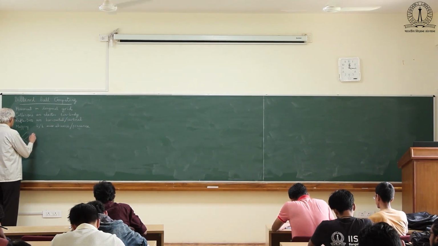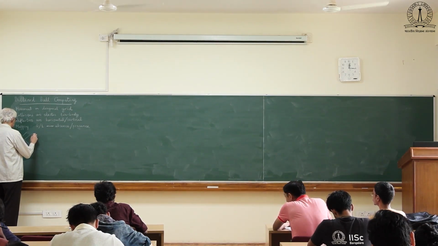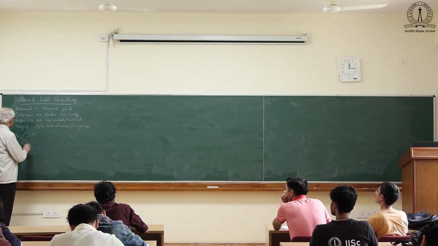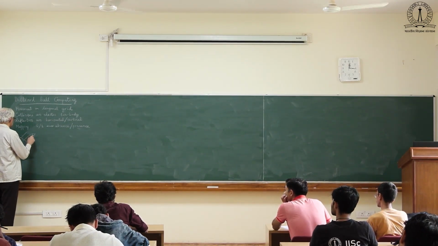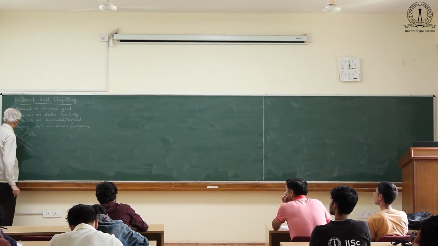So this will come out if x is equal to 1 and y is equal to, no, x equal to 0. This has to be absent. So it's x bar and y.